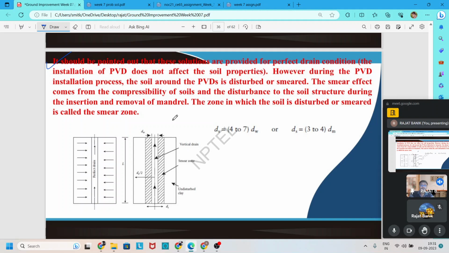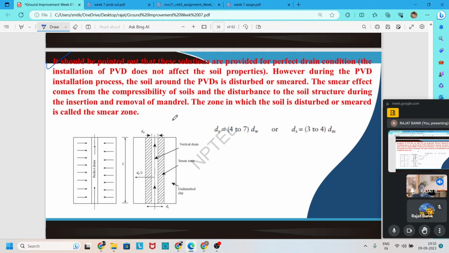Due to this change, the coefficient of consolidation and also the coefficient of permeability of the surrounding soil are reduced, and due to this reduction, the degree of consolidation of this soil is also reduced. So we need to take care of this smear effect in our calculation also.